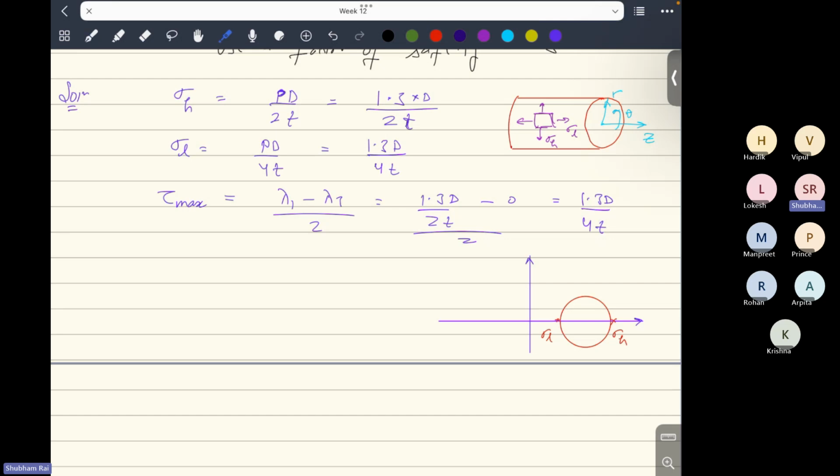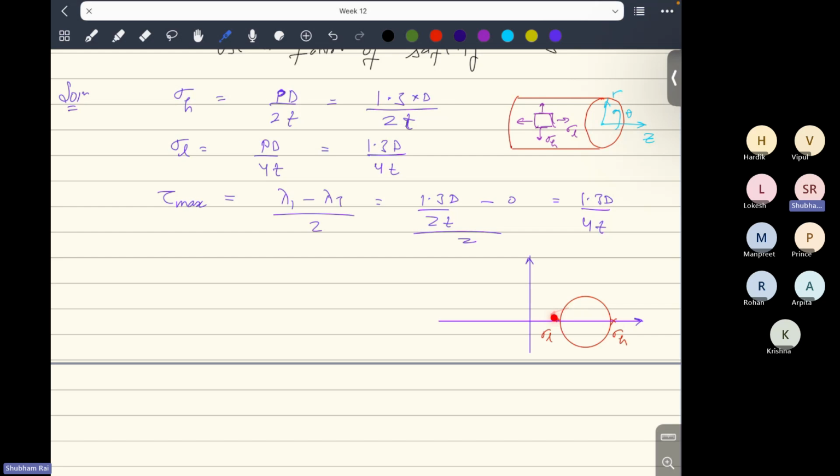What I want to say is, if you try to find the maximum shear stress, we'll have to go for the theta r plane. The maximum shear stress will be sigma l divided by 2 in the theta z plane, but the maximum shear stress will not happen in the theta z plane.